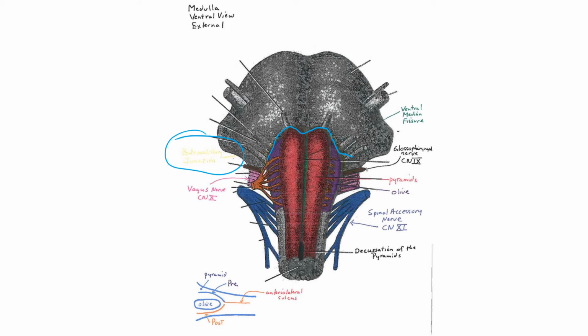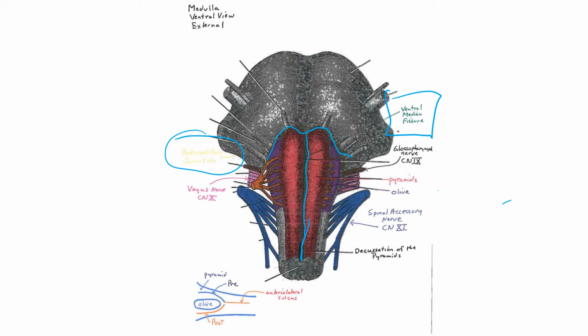Next, I want to identify a structure that cuts right down the middle. And that structure is called the ventral median fissure. The ventral median fissure is continuous with the ventral median fissure of the spinal cord. It's just going to ascend up through the medulla and finally end at the pontomedullary junction.